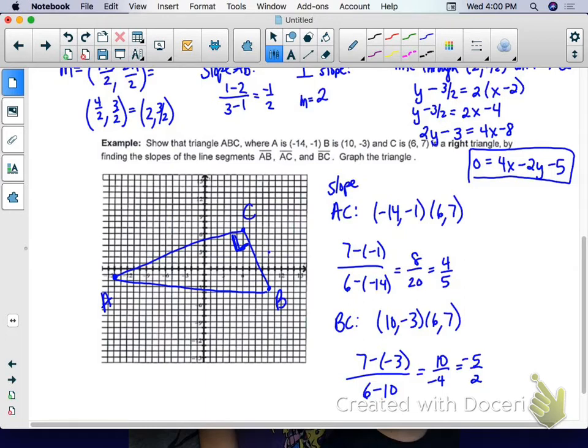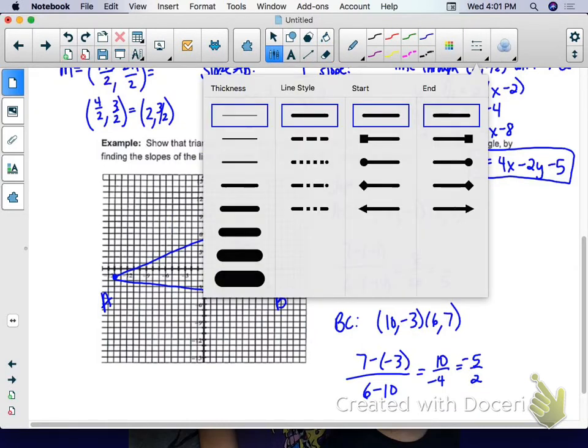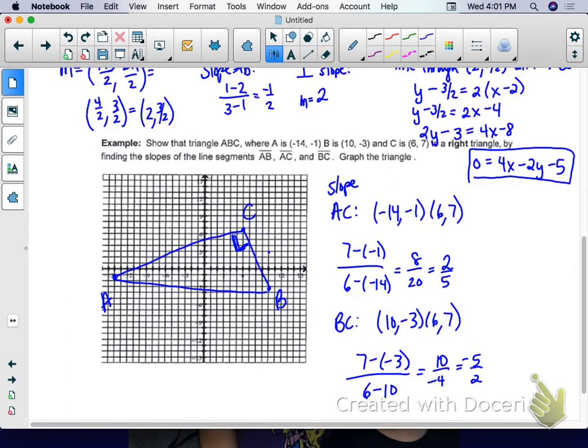How about if that's a 2/5 instead of a 4/5? Now, obviously, you can't just change the numbers to make them work here, but I had the wrong number written down there. So since those are opposite reciprocals, since they multiply to give me negative 1, that's another way you can check it. They are perpendicular, so it is a right triangle because my slopes there are perpendicular.